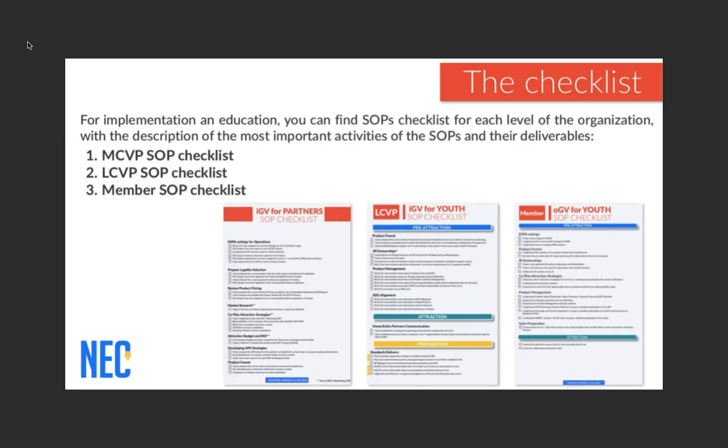For now, the member SOP checklist is the old one, but since SOPs were refreshed in September, I really suggest you look through the LCVP SOP checklist and go through the EP Manager Guide that was downscaled in the network in AIESEC in Morocco in order to achieve exact SOP implementation from a national perspective.